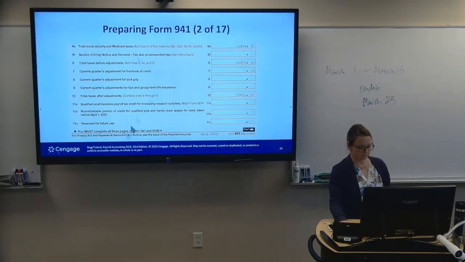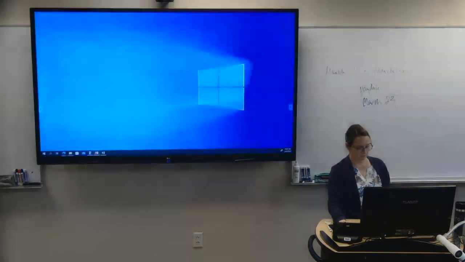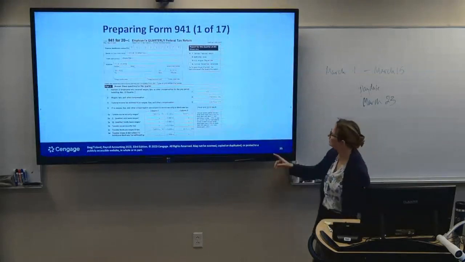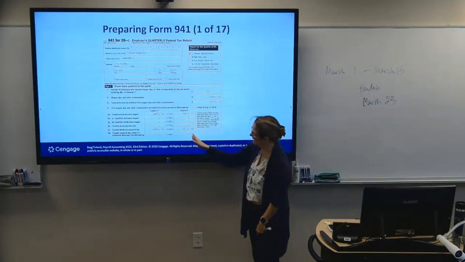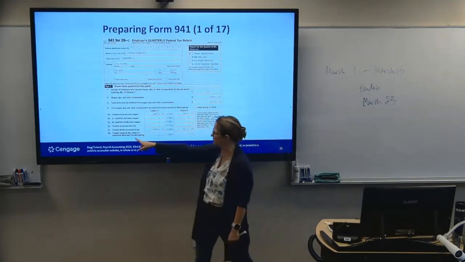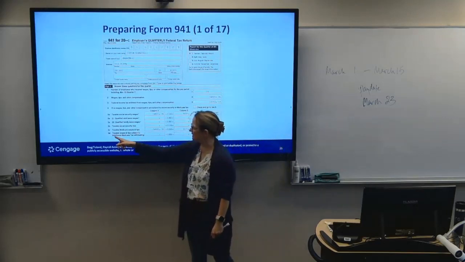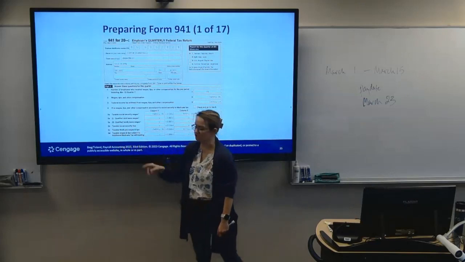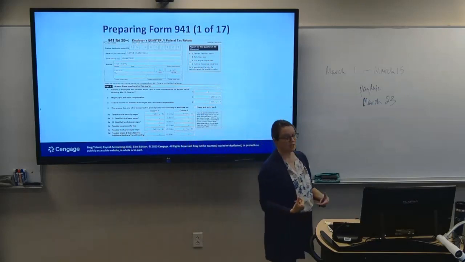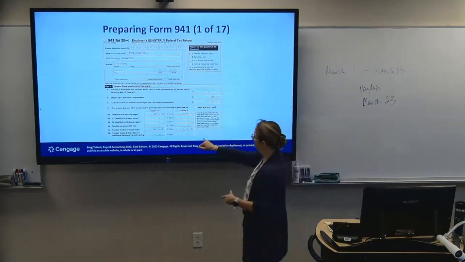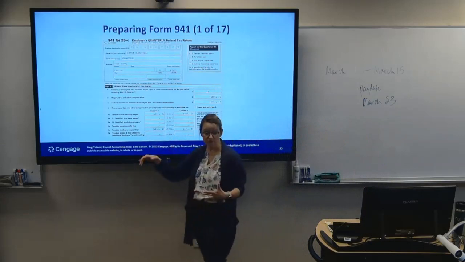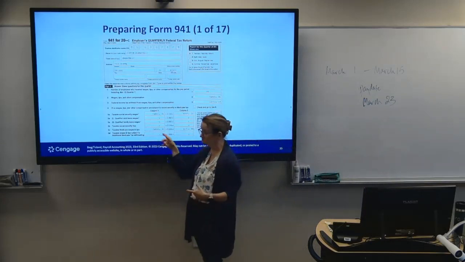So where are we here? So all of these amounts in column 2 are added up together. Oh, I forgot to mention as well, this last line would be wages and tips that are subject to that additional Medicare tax. So if we have employees that have reached that $200,000 income threshold, then the wages that are subject to that tax would be listed here.